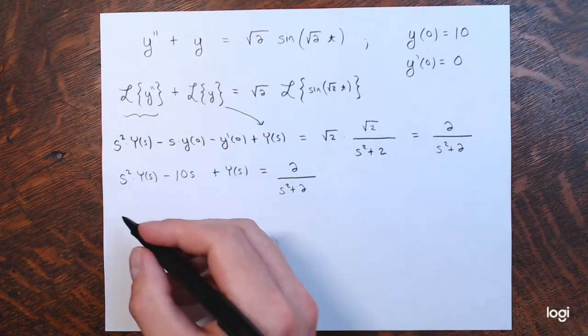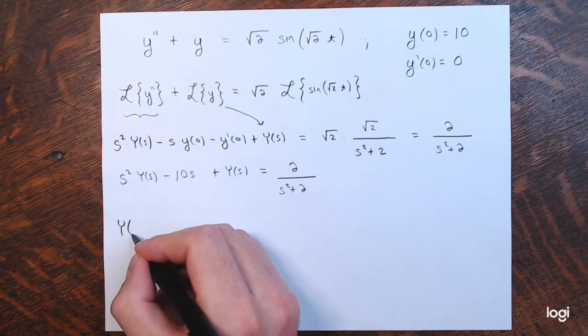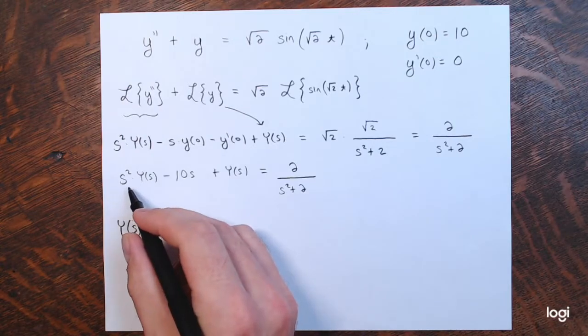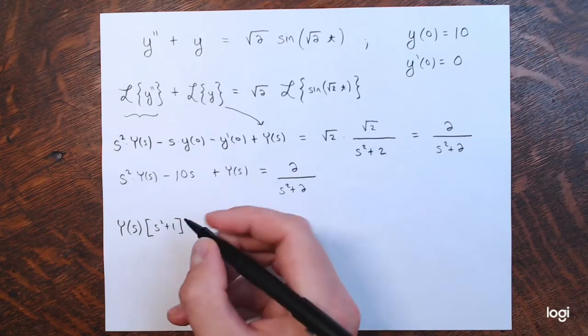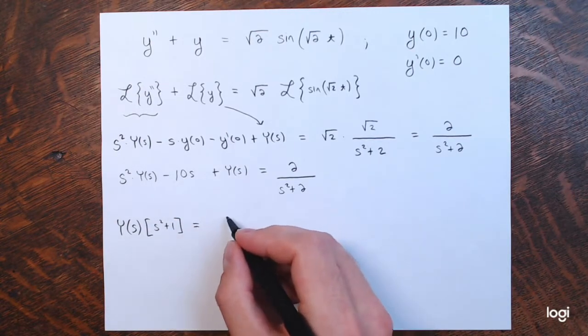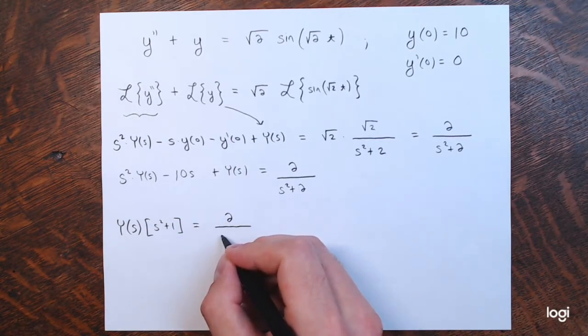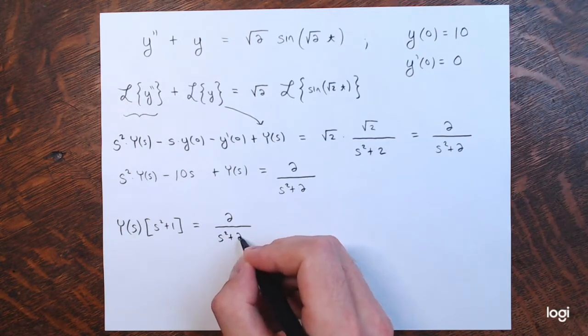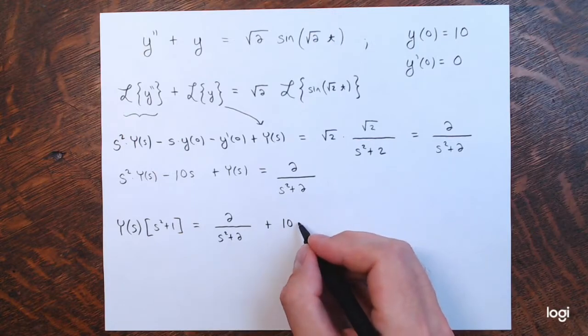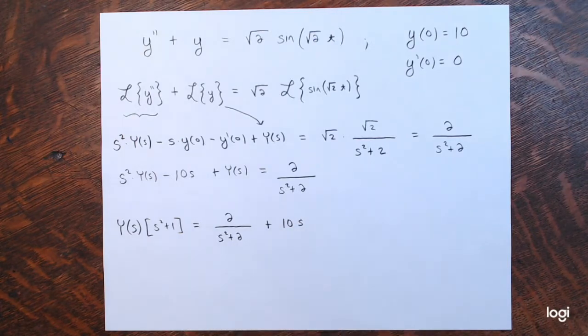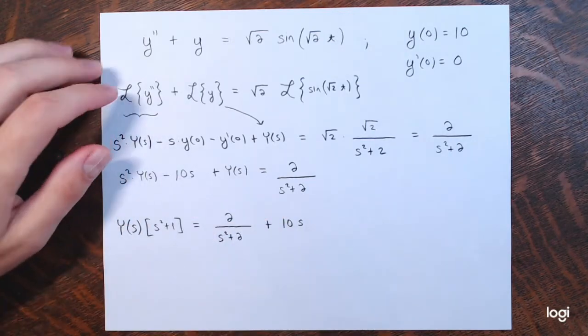Okay, then we solve for Y of s. This would be Y of s times the quantity s squared plus 1 equals 2 over s squared plus 2 plus 10s, right, plus 10s. And then I divide everything by s squared plus 1.